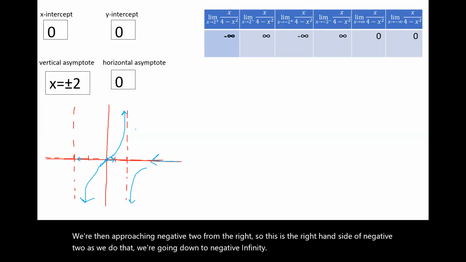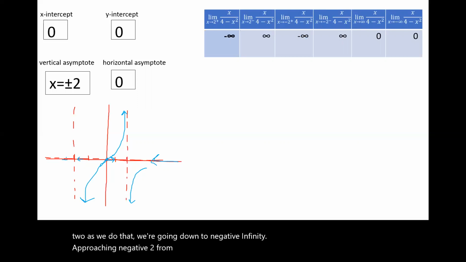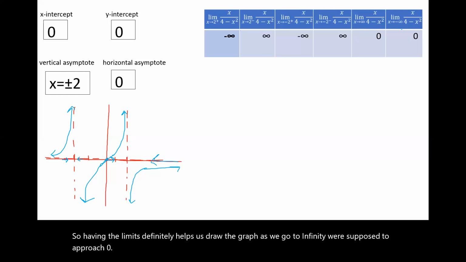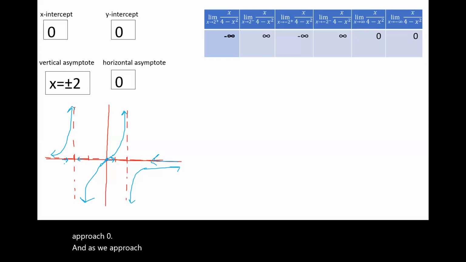Approaching negative 2 from the left-hand side, we're supposed to go to positive infinity. So having the limits definitely helps us draw the graph. As we go to infinity, we're supposed to approach 0. And as we approach negative infinity, we're supposed to approach 0.